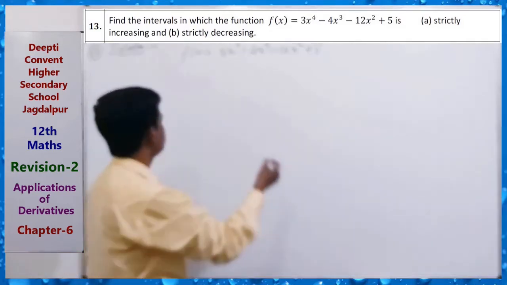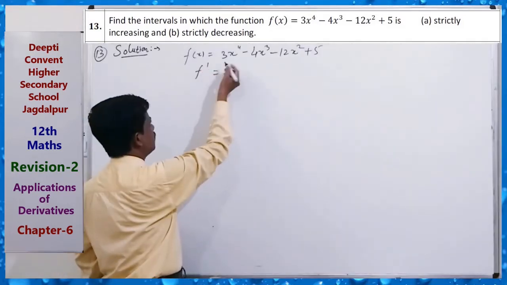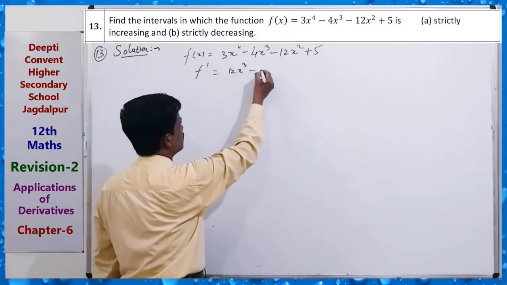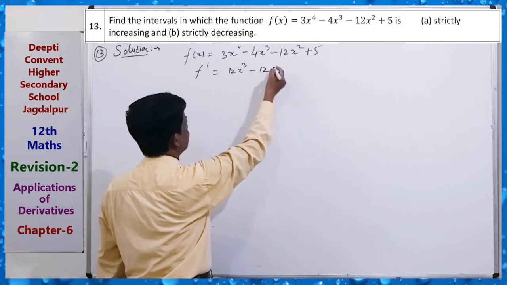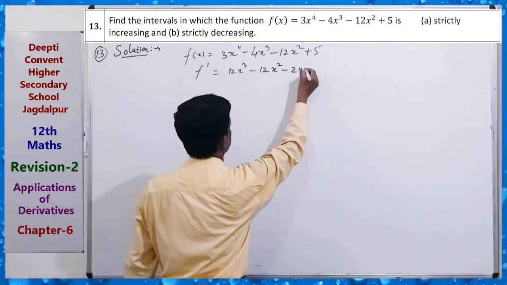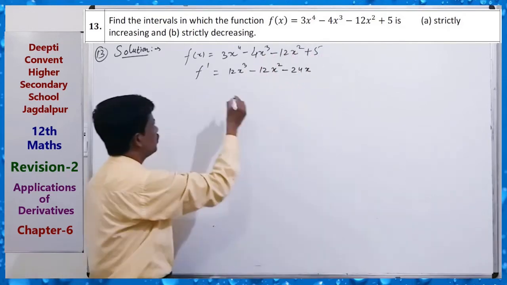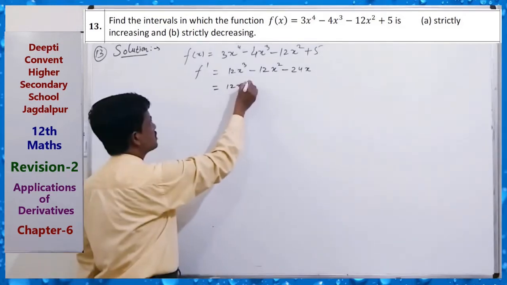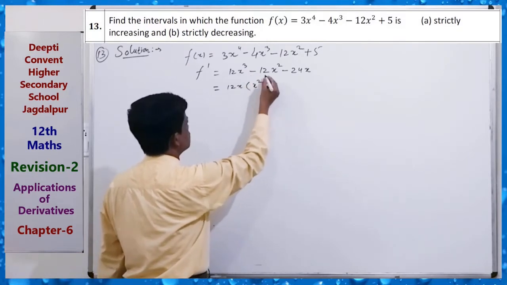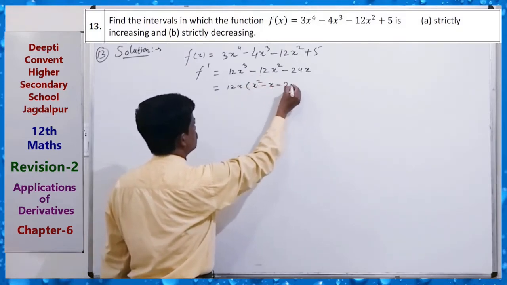So same method, find f dash: 12x power 3 minus 12x square minus 24x plus 0. Okay, we can take common 12x, so x square minus x minus 2.